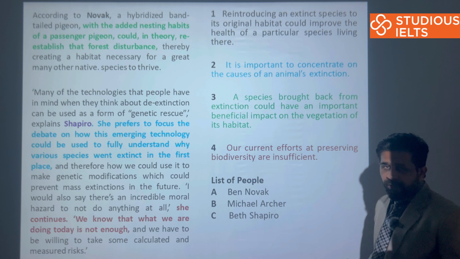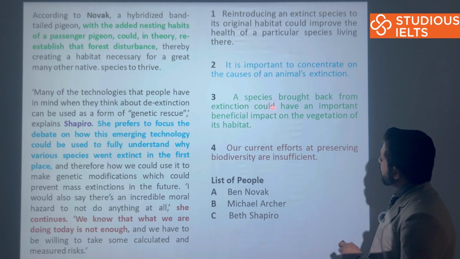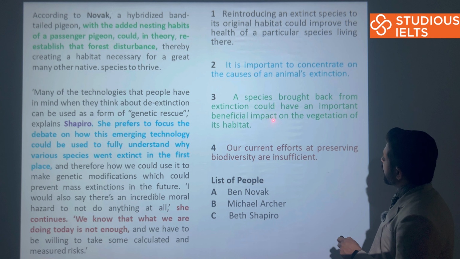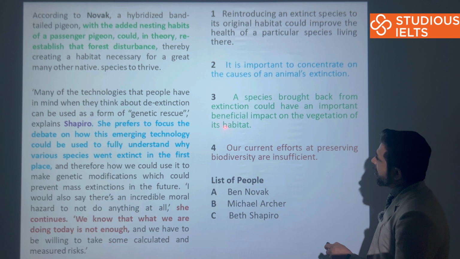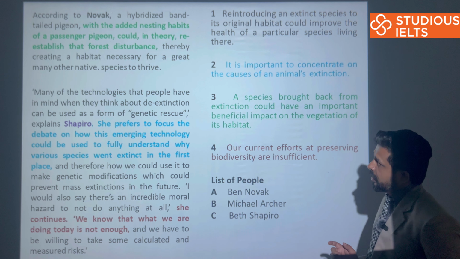Moving ahead, if we talk about question number 3 now. Question number 3 says, a species brought back from extinction could have an important beneficial impact on the vegetation of its habitat. Now, you can read the corresponding text.